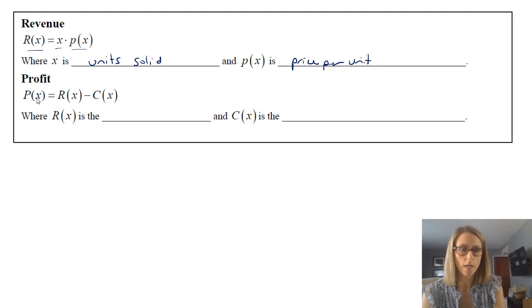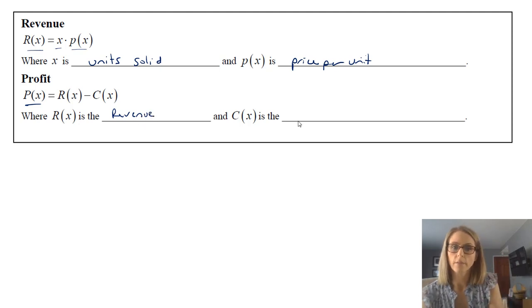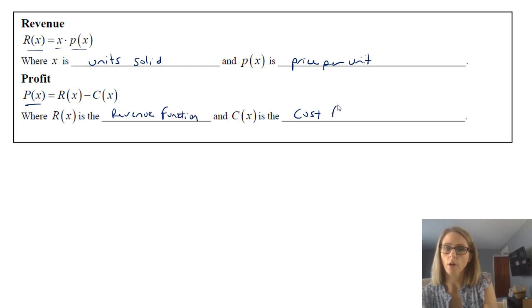And if you're thinking of maximizing profit, because you'd want to maximize it, not minimize it, R of x is revenue, and that's in terms of units sold, and C of x is cost. And these are functions, so revenue function and cost function.